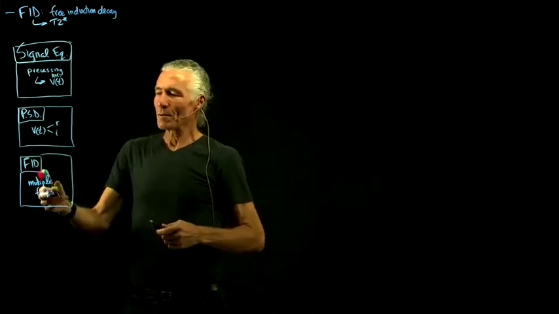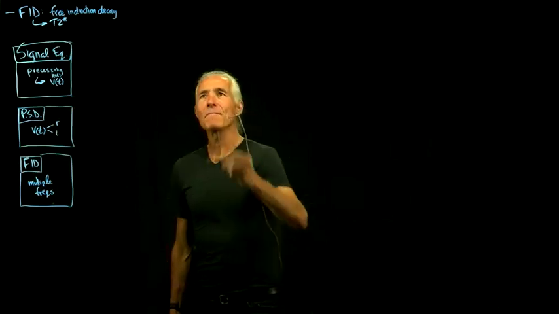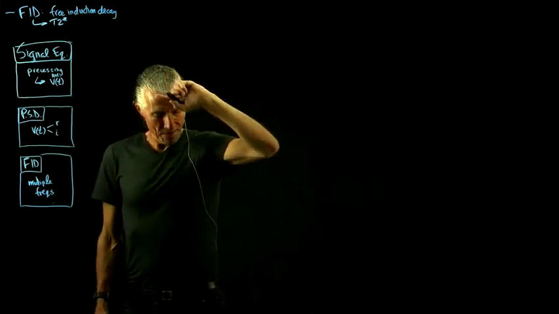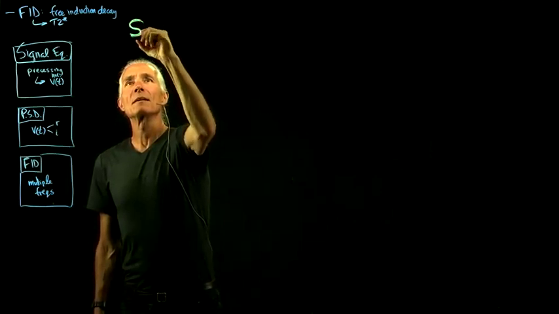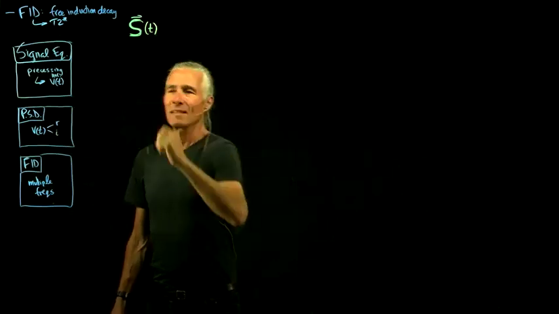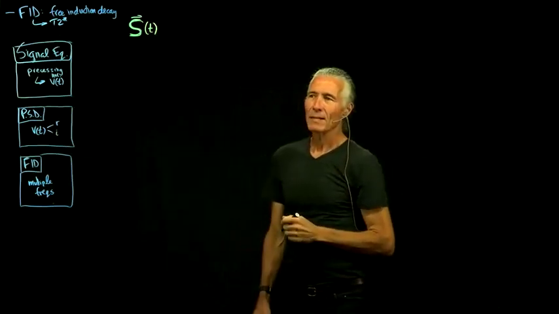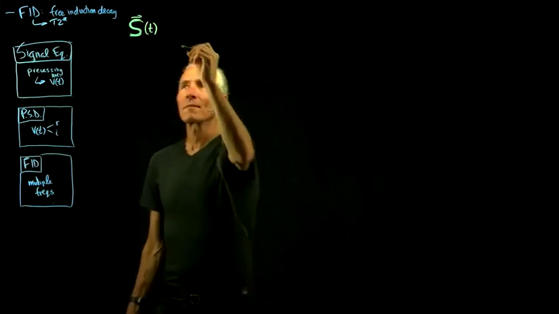So if we allow for multiple frequencies, then we'll have to write an equation for our complex valued signal over time that allows there to be more than one frequency.